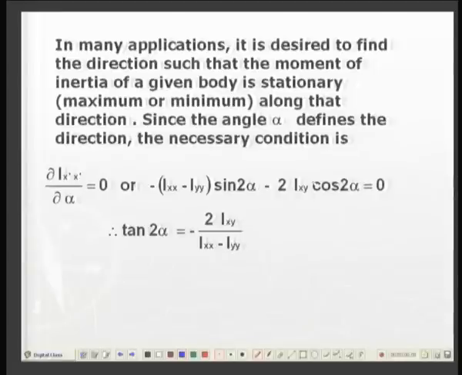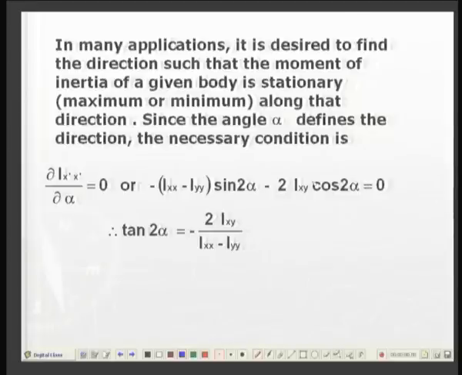Now, suppose a body has Ixy 0, then what happens? The numerator is 0, it means alpha is 0 or 90 degrees. That is, the two axes, x axis and y axis, are themselves the principal directions.